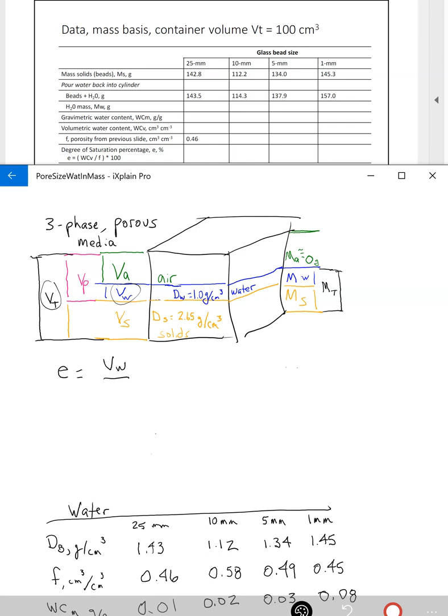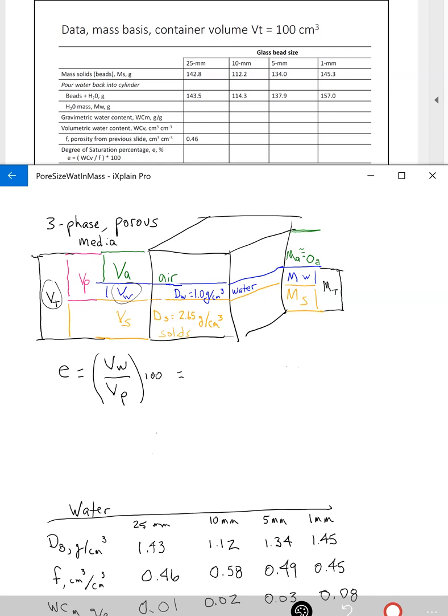So by definition, we're looking at the total pore space and how much of that total pore space is filled with water. We don't know either of those things directly when we're working from the mass basis. And if we hadn't used graduated cylinders, we wouldn't have known what we were doing directly anyway.